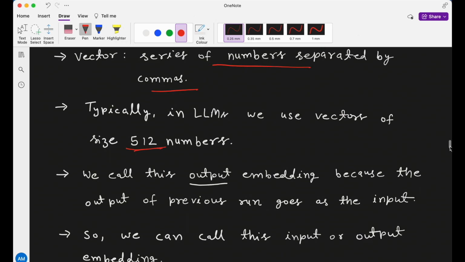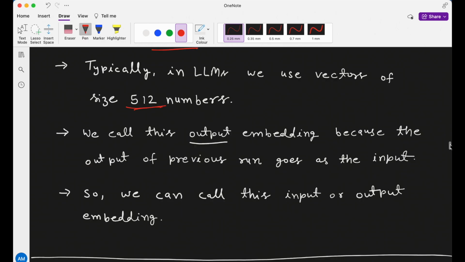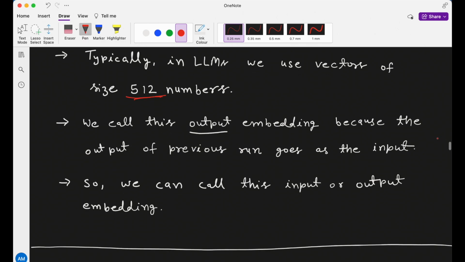Now we call this output embedding because the output of the previous run goes into the model again as the input. So we can call this input embedding or the output embedding. It is the same thing. I hope you already know that any LLM works like this: when we give some input text, it generates only one word as the output, then it appends that word after the input, and the entire input plus that new word goes again to the model, and it now guesses the next word.